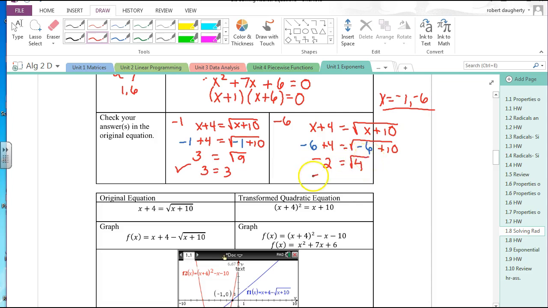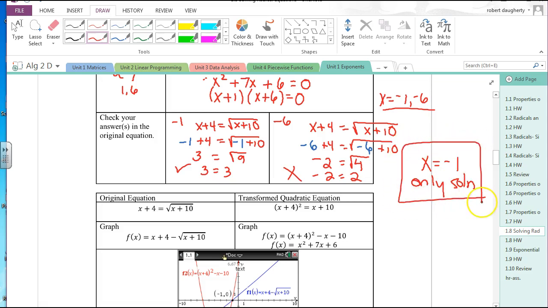So the square root of 4. Does -2 equal 2? No. What does that mean? No solution. That's not a solution. So the only solution is x equal -1. Okay? So you need to validate the answers you get when you do something like squaring both sides of an equation.